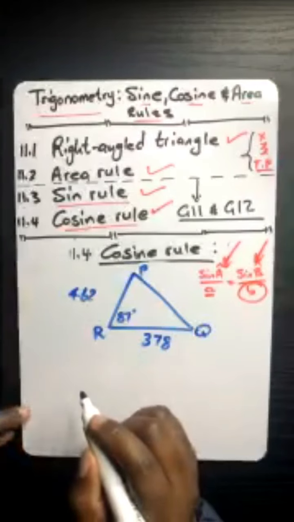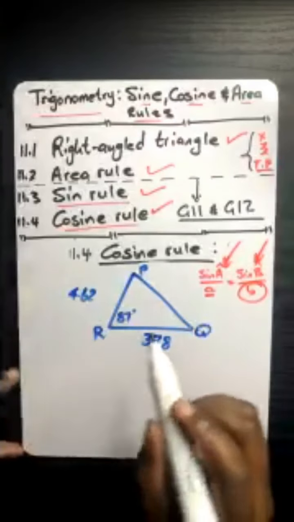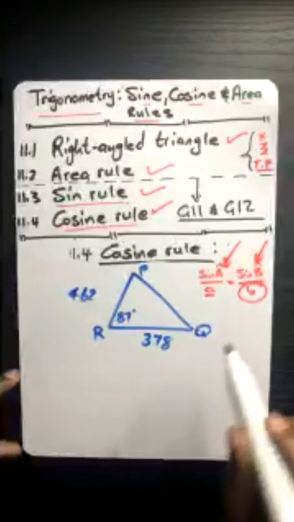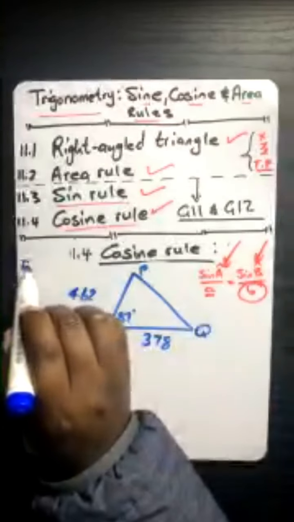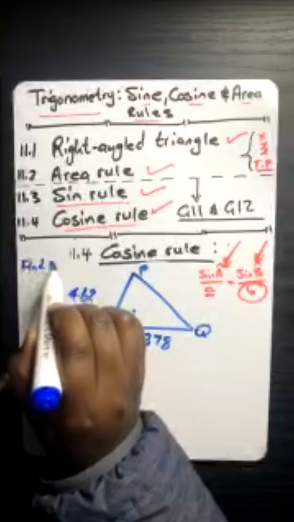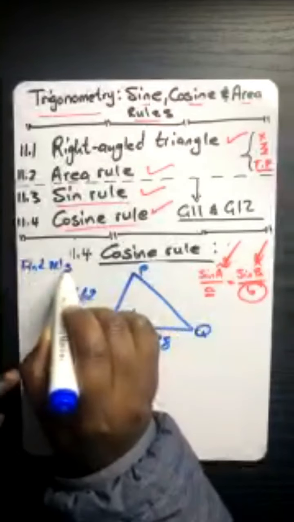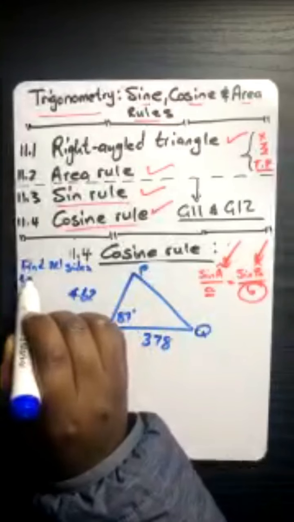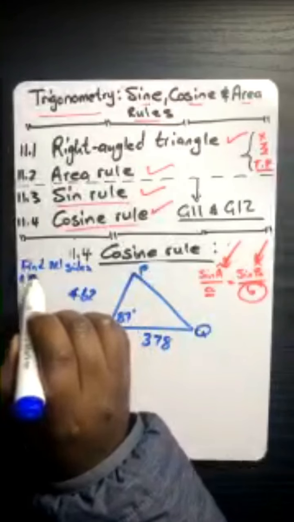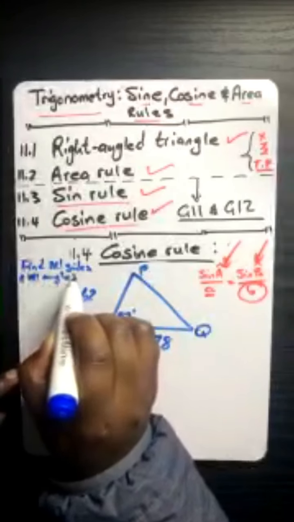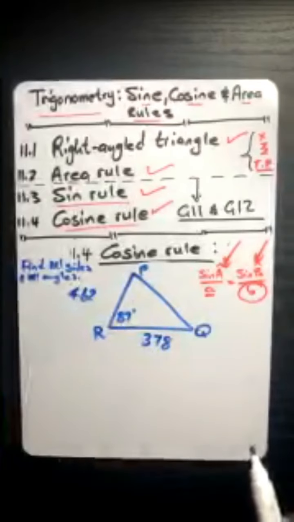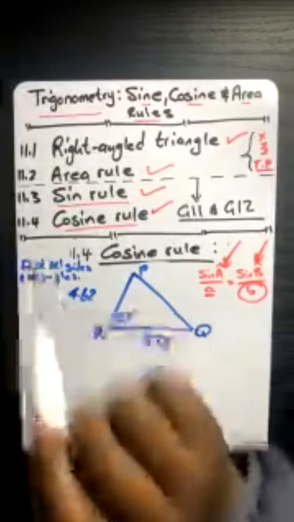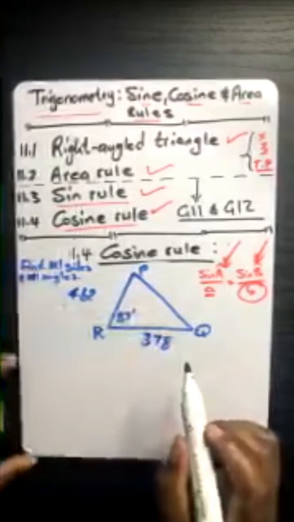In this case, the question may say, find all sides and all angles. You just need to know where to start. Tumza, continue.